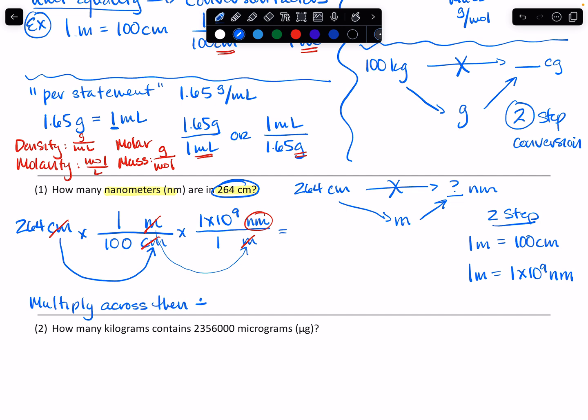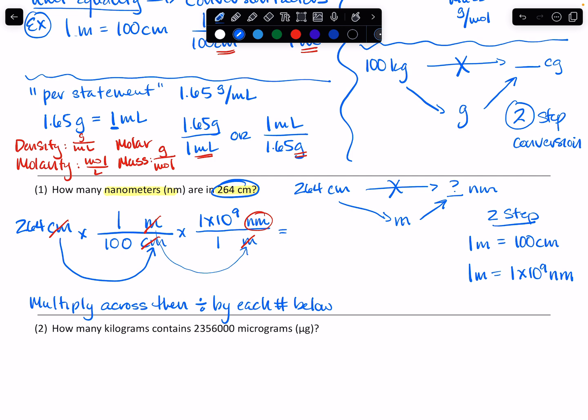Then I'm going to divide by each number below. So in other words, I'm going to take that answer from that multiplication, divide it by 100, then divide it by 1. But I do that in two separate steps on my calculator. You don't have to do it that way. You could multiply everything across the top and divide by everything across the bottom, and you can use parentheses to keep everything ordered.